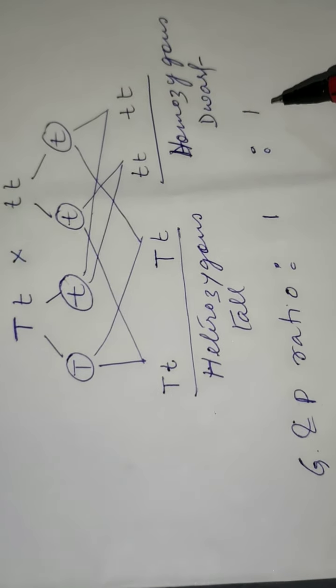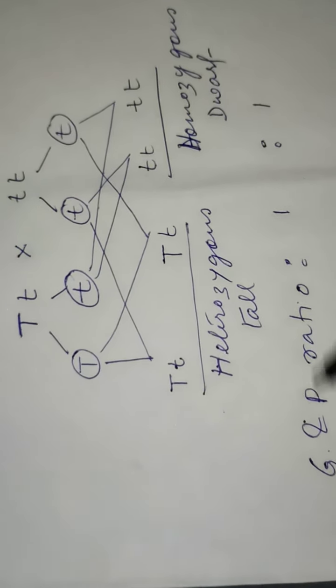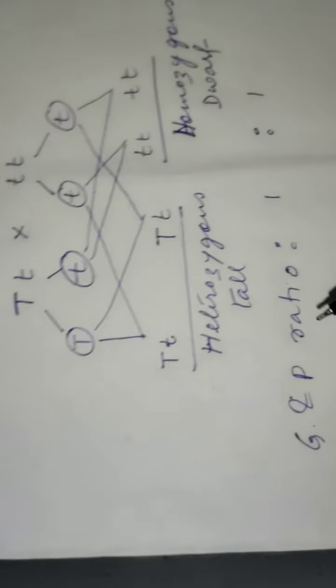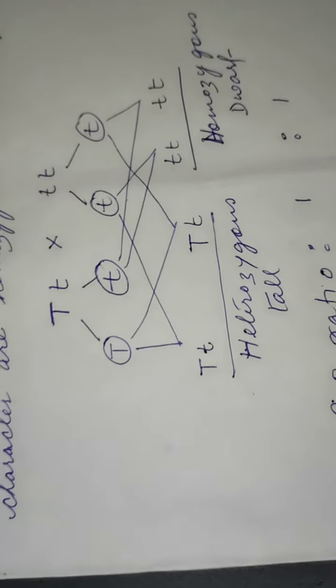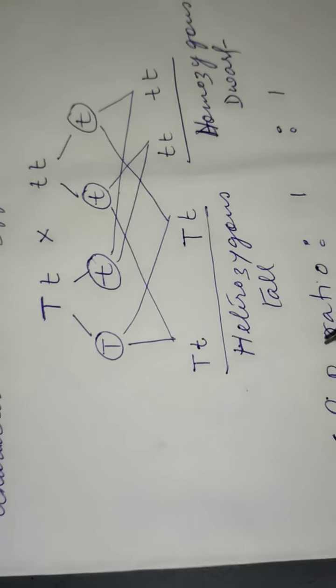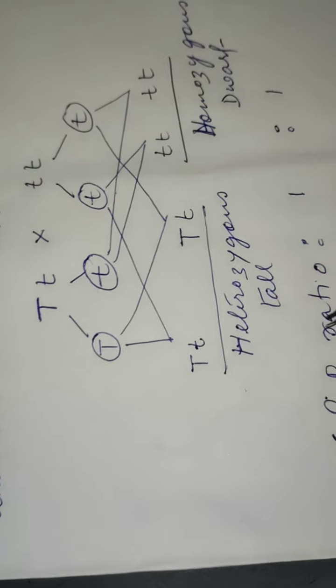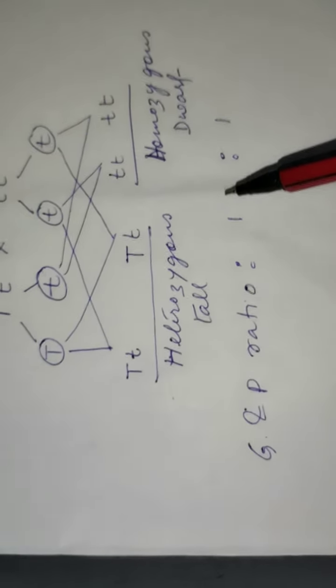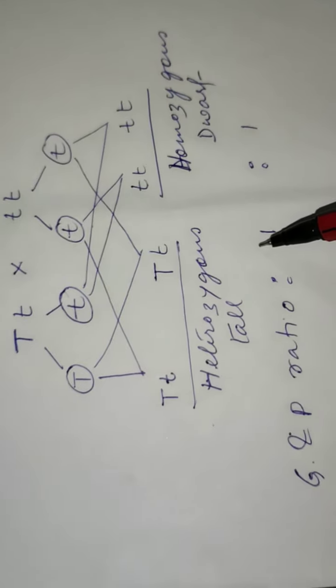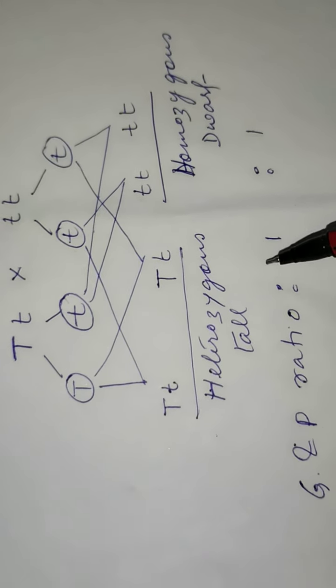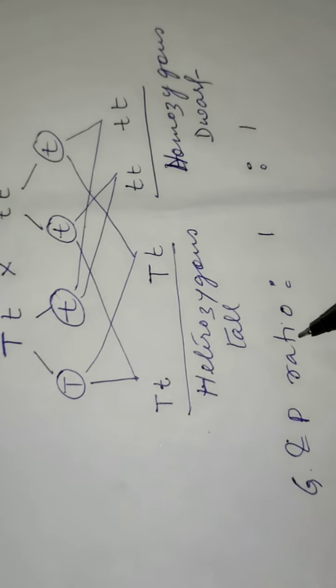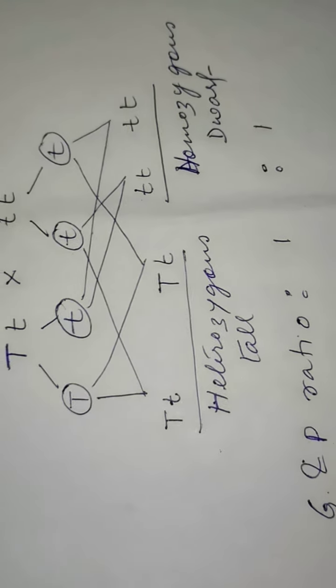So 1:1 ratio for genotype and for phenotype also. So here 50% of the progenies are heterozygous dominant and 50% are homozygous recessive. So it gives a 1:1 phenotypic ratio.